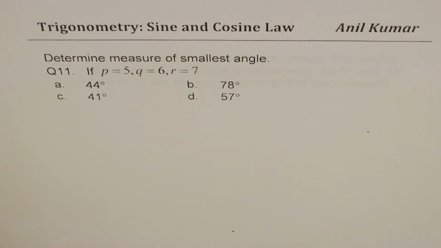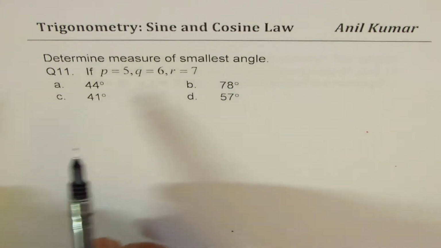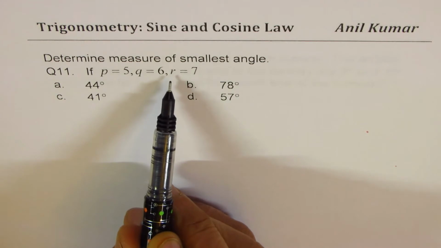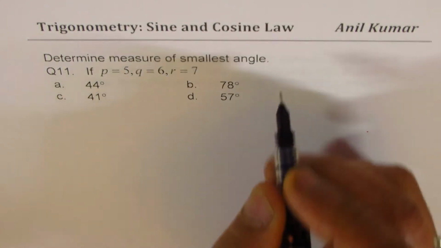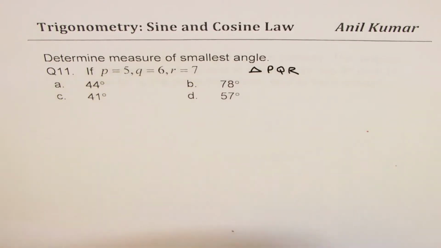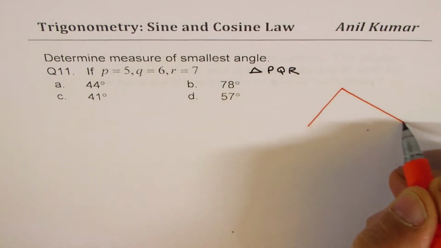Now here is question number 11. You need to determine the measure of the smallest angle if P equals 5, Q equals 6, and R equals 7. We are talking about a triangle PQR. Just let me sketch one triangle and then we'll work it out.